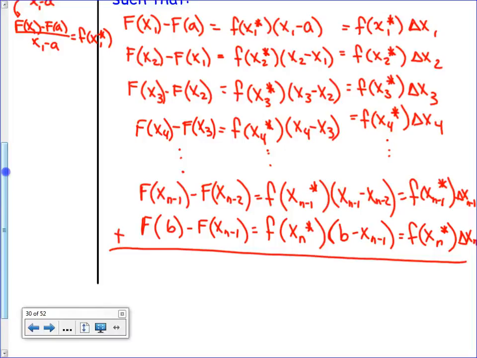Wait, what's the really cool mathematical symbol that does repeated addition for us? Summation. So instead of writing all of that, let's say, sweet. The summation from k equals 1 to n of f of x sub k star times delta x. That looks awful similar to something.